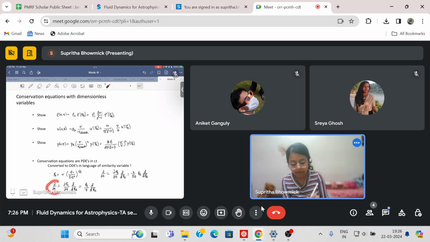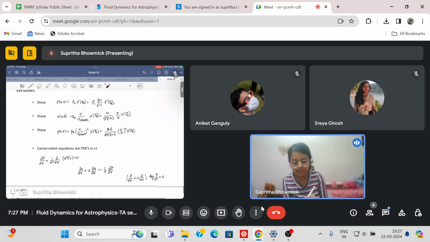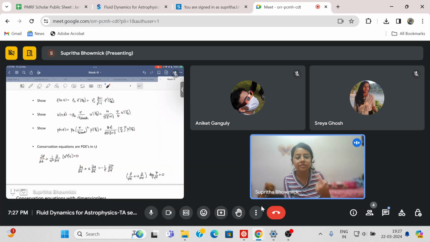Similarly, the partial radial derivative will turn into zeta by r times the total derivative with respect to zeta. So these partial differential equations turn into ordinary differential equations when written in terms of the similarity variable. And then you can use these relations, express everything in terms of functions of zeta, and rewrite these equations as ordinary differential equations in the similarity variable.